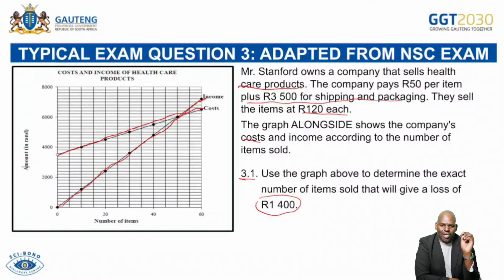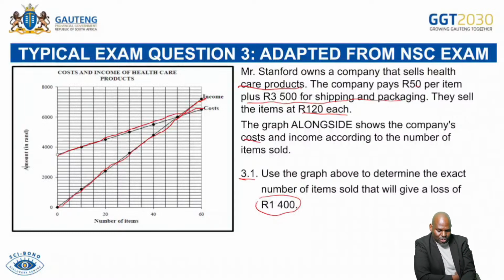Now, what did I say about one graph being above another one? I said if a graph of income is above the graph of expenses, that will be a profit. But if a graph of income is below a graph of cost, that will be a loss.